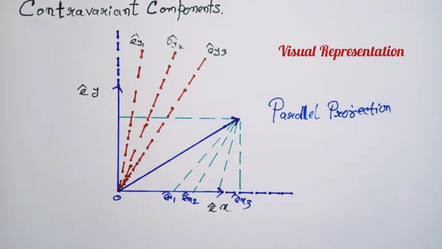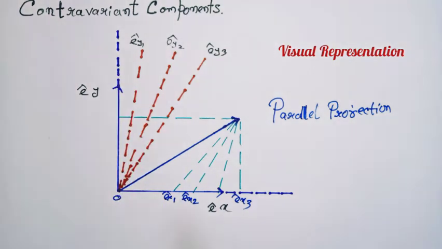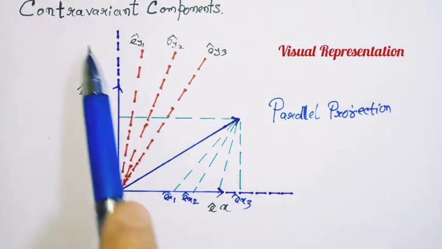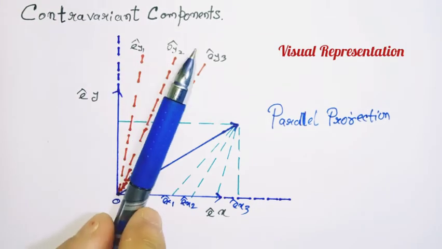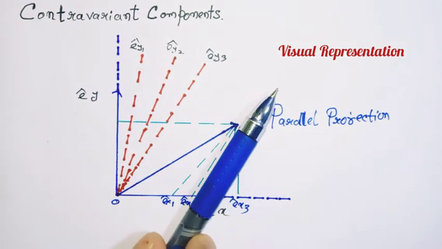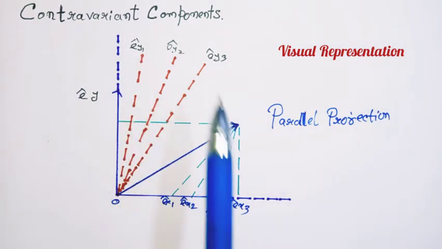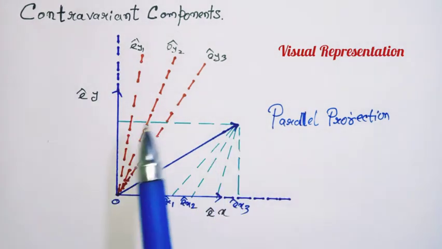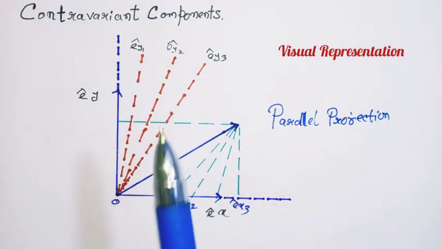Once the y-axis moves from point 0, the origin, to 1, 2 and 3, this value moves from point 3 to 1 and towards 0. That is why we call it contra. This component is moving in this direction, whereas this component is moving exactly in the opposite direction. As it moves from 0 to 3, it moves from 3 to 0. So it is opposite movement, and that is why it is called a contravariant component.